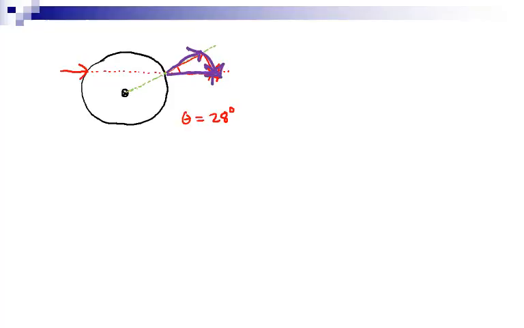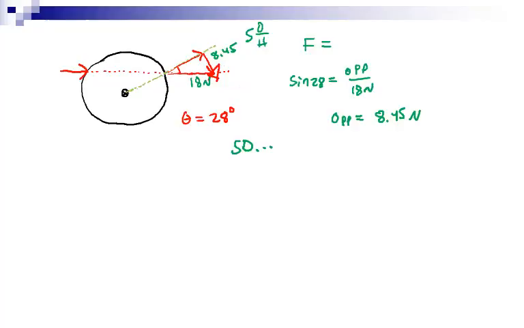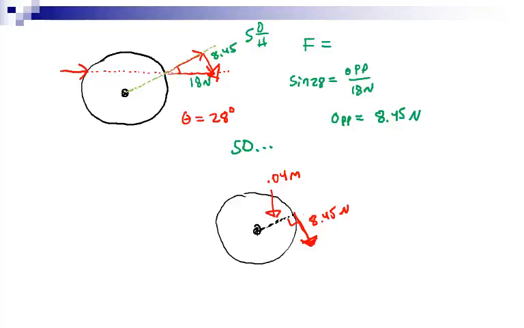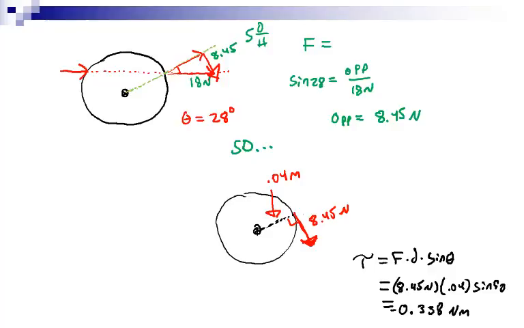Now, which of these components is perpendicular to this lever arm here? This one, right? So if we use our math, let's say this is 18 newtons here, and the angle here is 28 degrees, which we would need right here. And the opposite side is 8.45. We can use that as well as the length here. Let's say the length is 0.4, this is 8.45. We can find out how much torque there is.